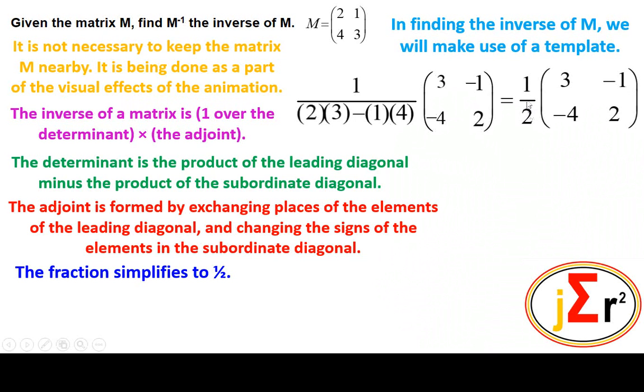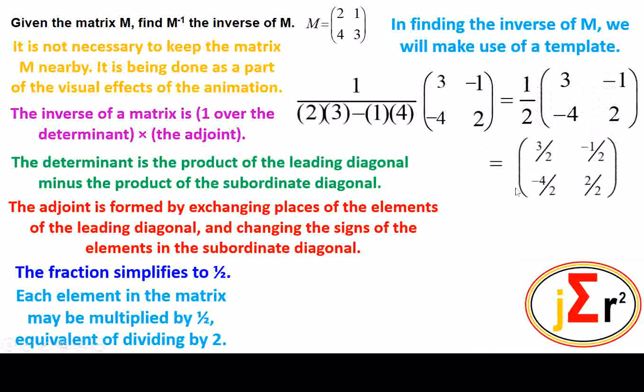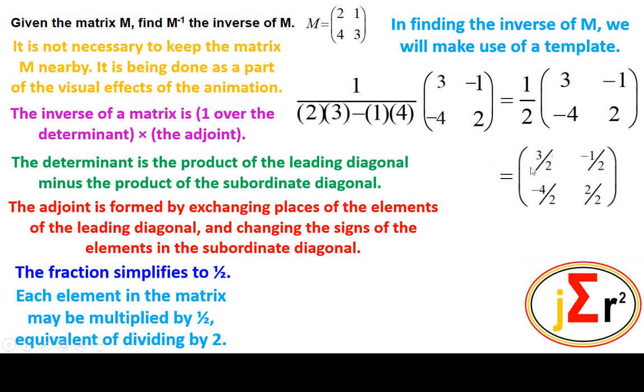Then, we will take half of each of the elements, which of course means we are multiplying by a half, and multiplying by a half is the same as dividing by 2. Each element is therefore divided by 2. These will remain in their fractional form, the 3 over 2, the negative 1 over 2.